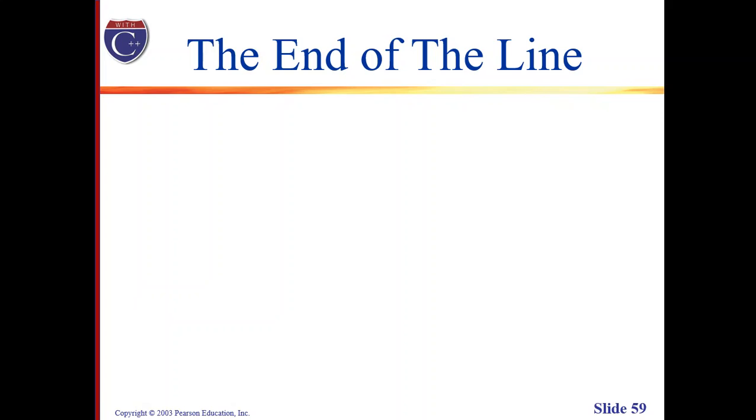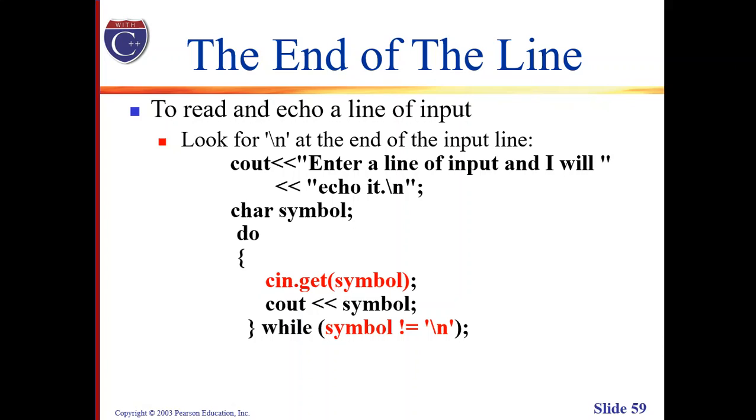Let's talk about the end of the line. To read and echo a line of input, for example, we look for the new line character at the end of the input line, such as this one. We would like to output the following.